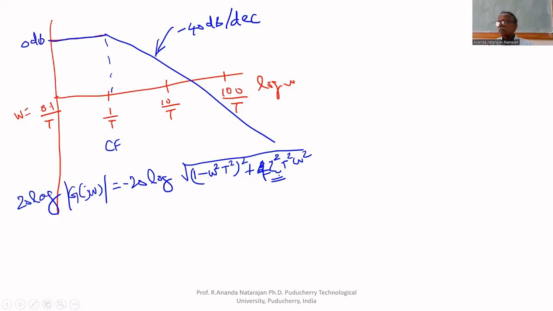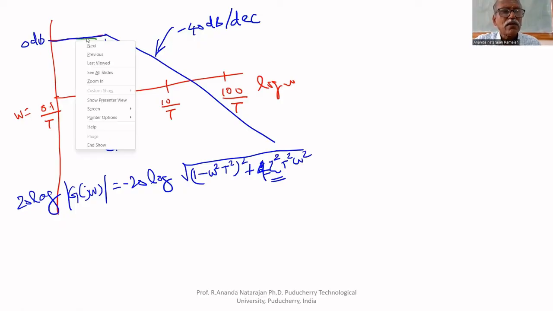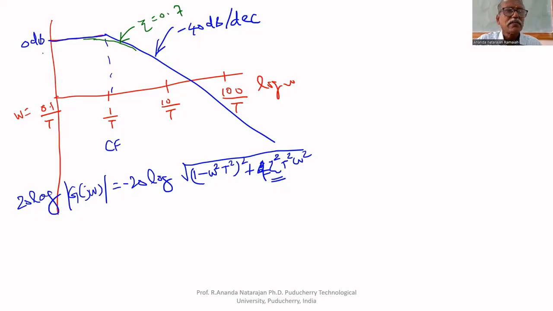Zeta is in the denominator. That's why as zeta value decreases, the magnitude will increase. That's why the plot for zeta equal to 0.7 will be like this. This is for zeta equal to 0.7.